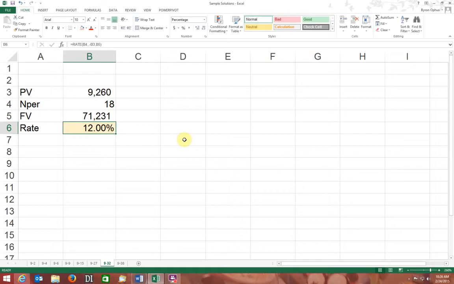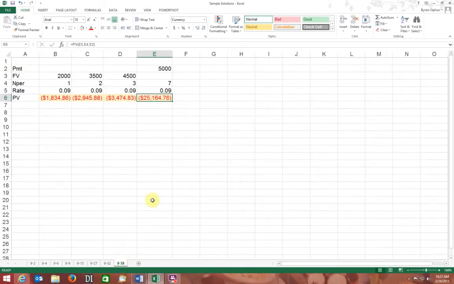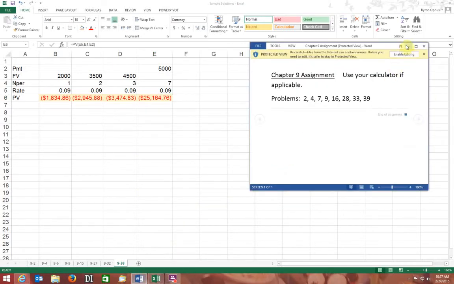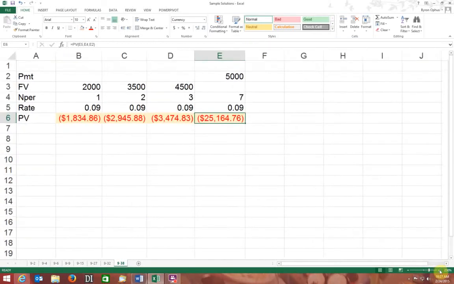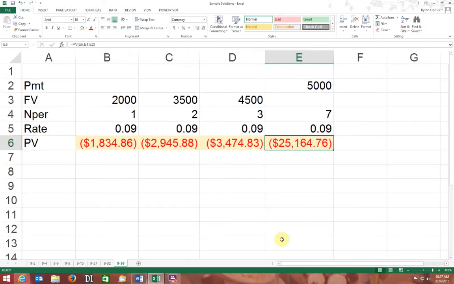So pretty simple, right? Calculating the rate, do it just like the others. Onward, 38, which is much like your guys' 39 that you have assigned. Yep. Okay, so setting this one up, spend a little time setting it up, and I think you'll be happy.